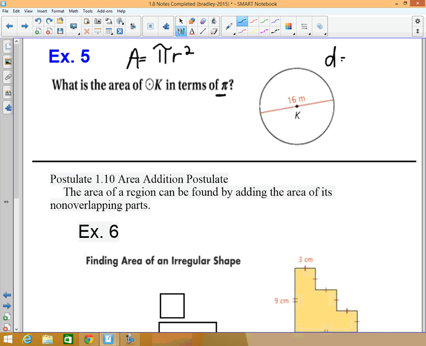So the diameter is equal to 16. Therefore, the radius is equal to 8, because the radius is half of the diameter. So the area is pi times 8 squared, which gives me 64 pi meters squared. Okay?